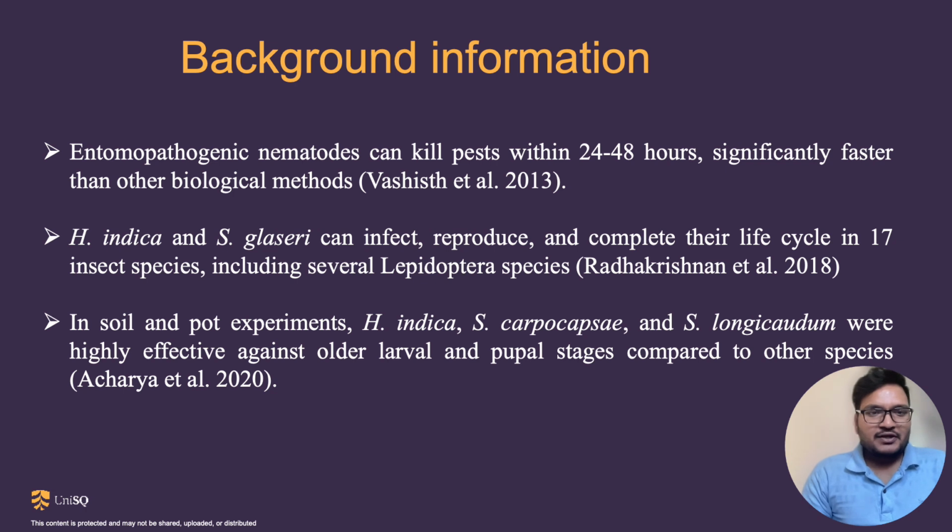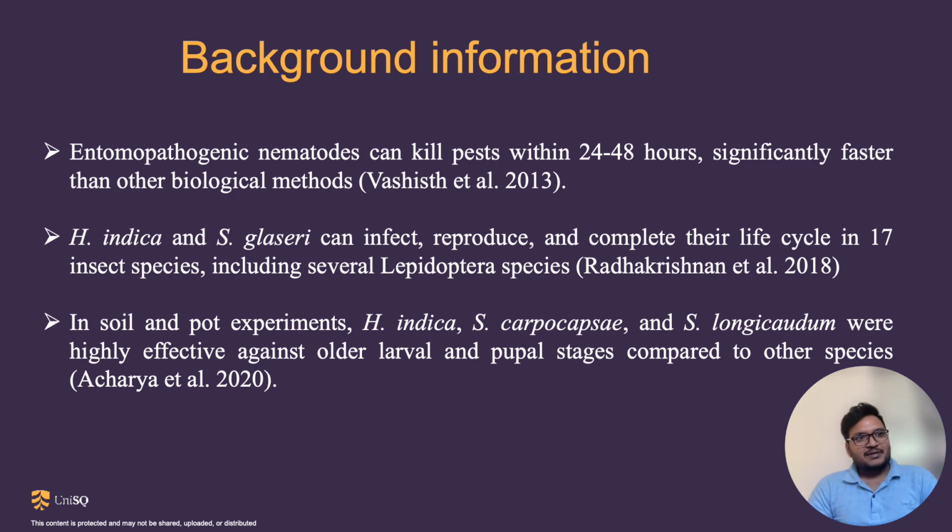Nematode species that can kill insects are known as entomopathogenic nematodes. They have been shown to be very effective in controlling several species of insects. They can kill the insect in 24 to 48 hours, which is much faster compared to other biological methods.